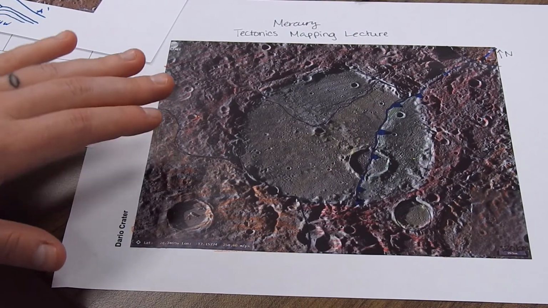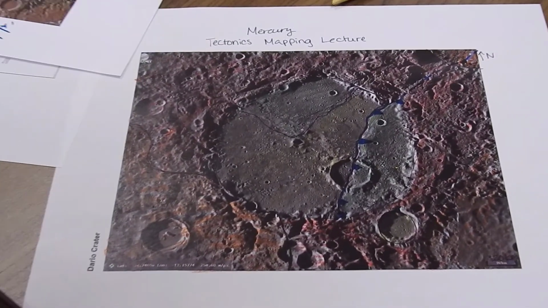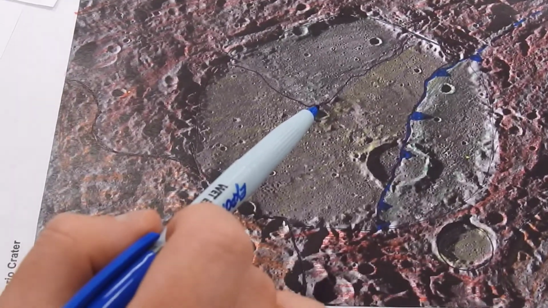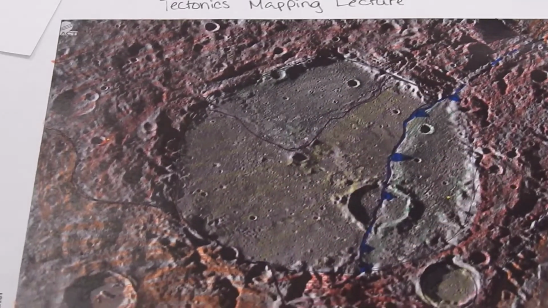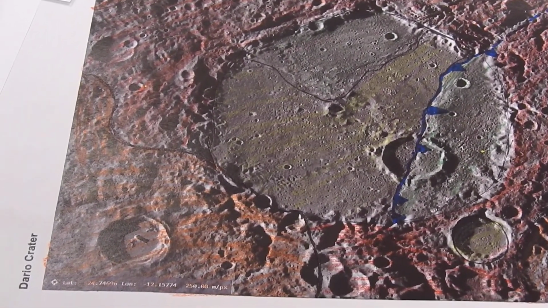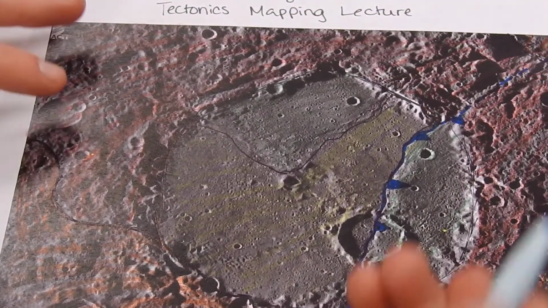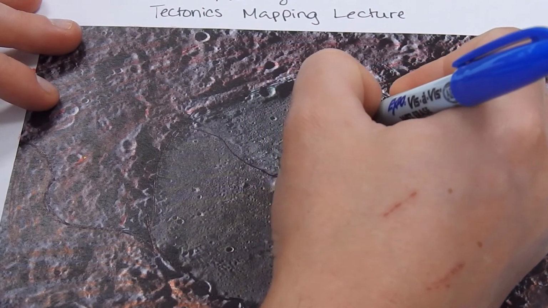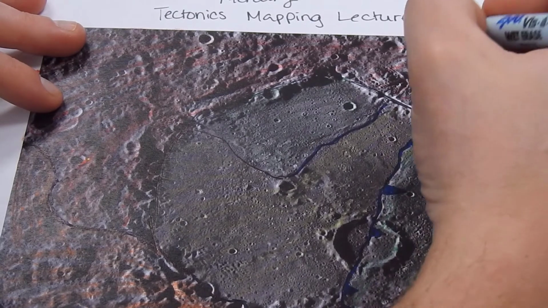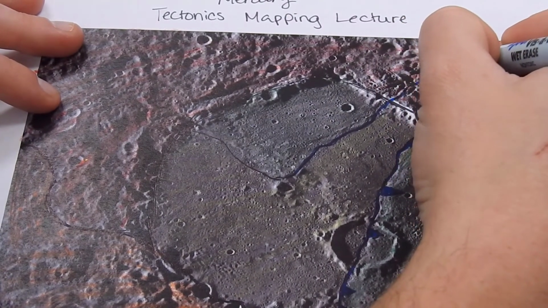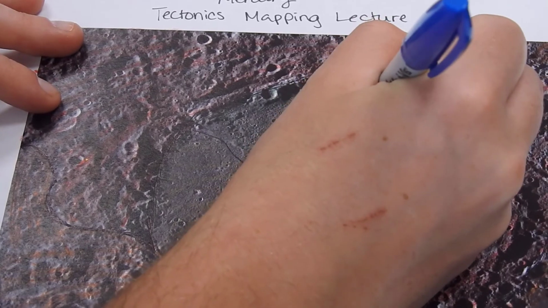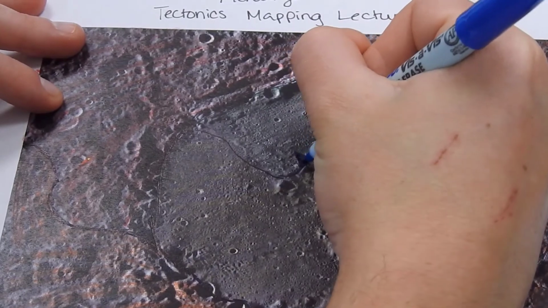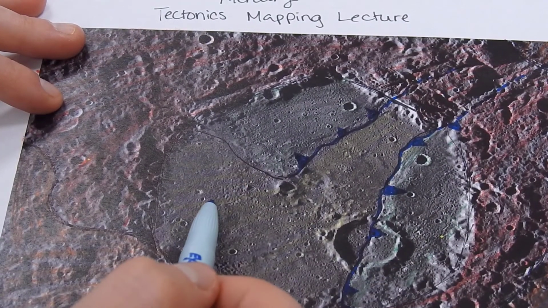All right. Now I'm going to do this other side over here. Looks like the fault comes down. I don't see it continuing down through here.